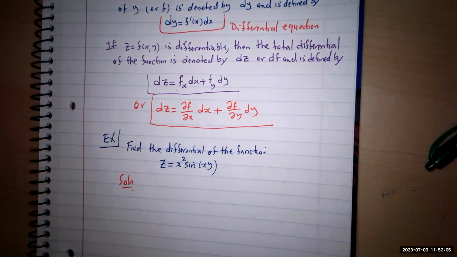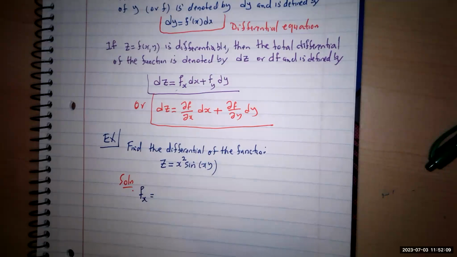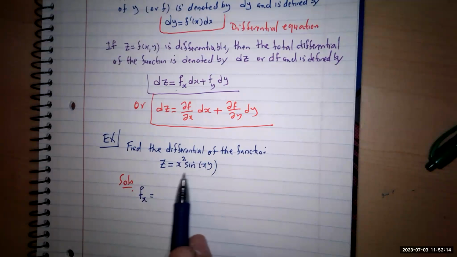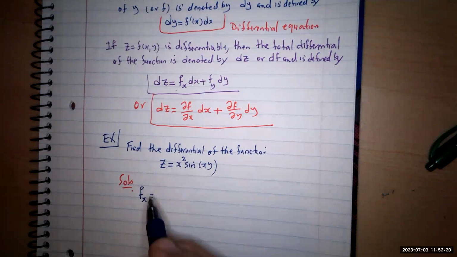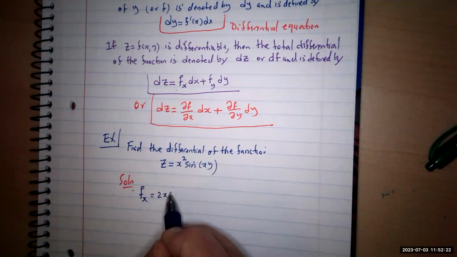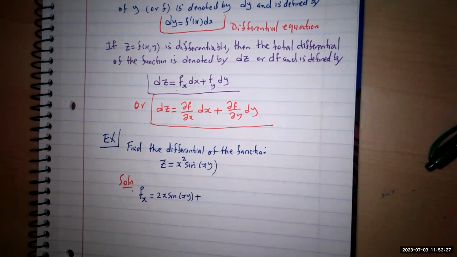So I'm going to use the partial derivative with respect to x. Both factors contain x, so I have to use the product rule. You have first times second, plus second times first, with respect to x. You have x squared, with the 2x times the second one, plus, okay, second times first. The derivative of sine would be cosine, but you have to take care of the inside.